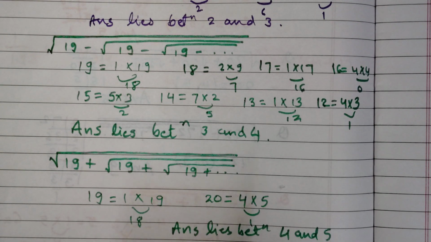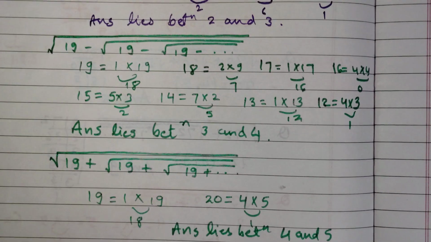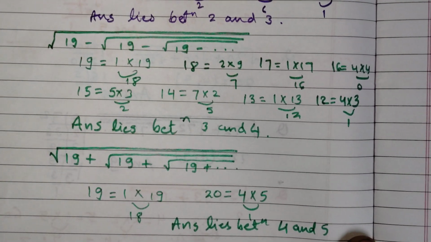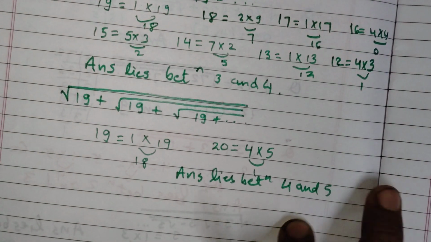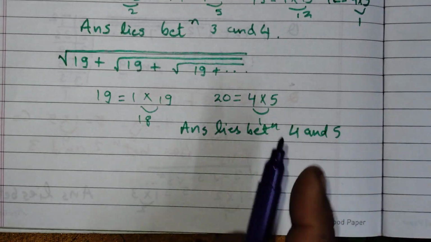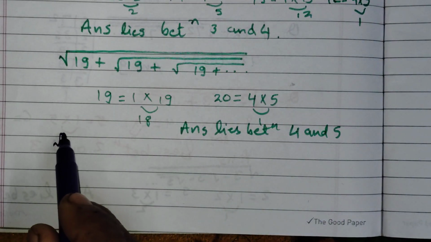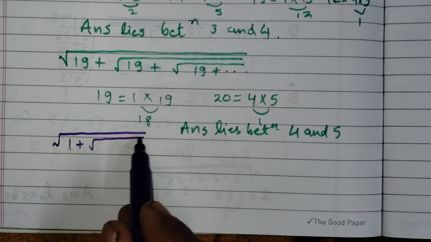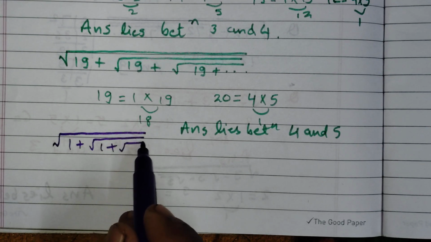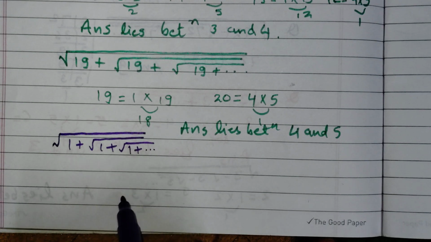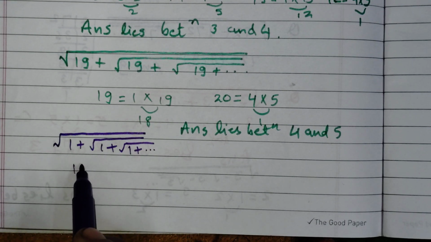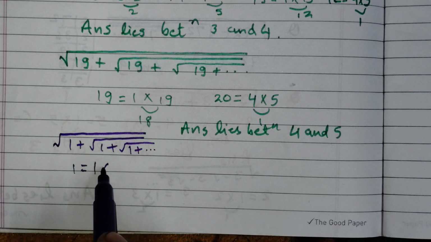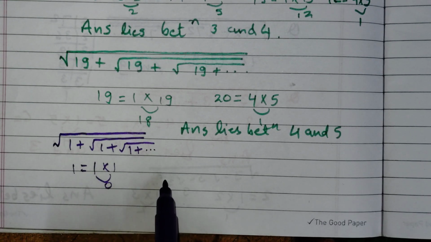Next question is square root 1 plus square root 1 plus square root 1, and so on. Find the factors of 1, that means 1 and 1, which have a difference of 0, so it is rejected.